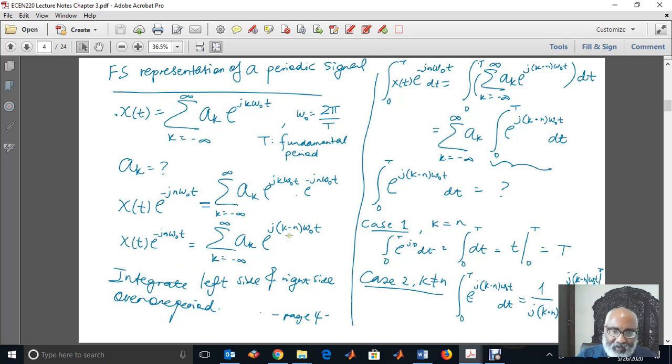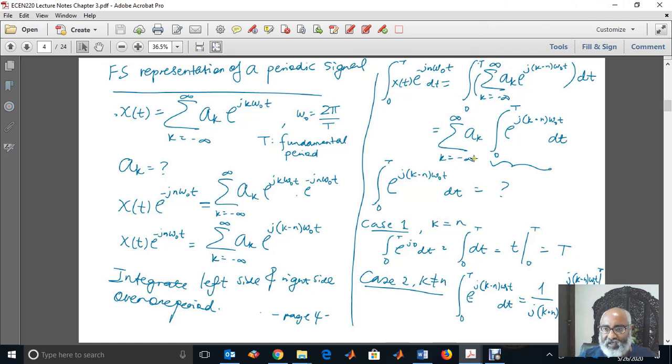Now we can integrate the left and the right side. For example, we can integrate over one period. So we can see the result when we integrate: integration over one period of the left side from 0 to T of x of t e raised to minus j n omega naught t, and integration of the right side also from 0 to T of this.